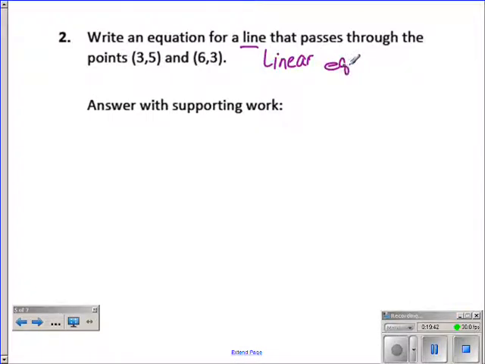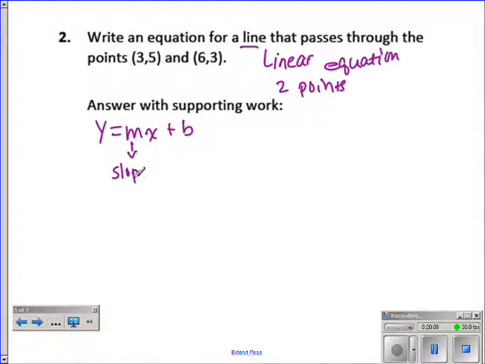Well, guys, what's easy? I'm thinking automatically of writing a linear equation in the form y equals mx plus b. Okay, what information do I need to be able to write this equation? Well, I need the m part, or slope. You know, that rate of change. I also need to find out what b is. Remember, b is the y-intercept.